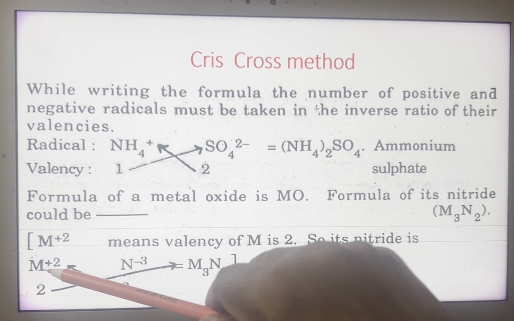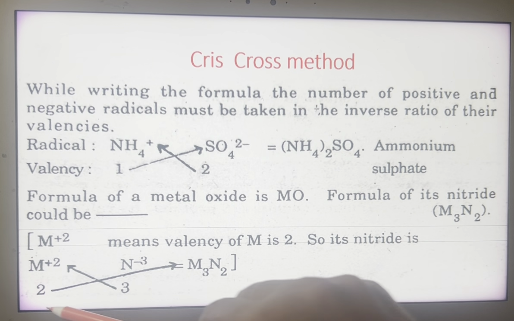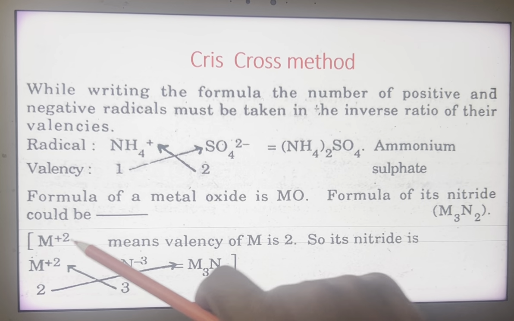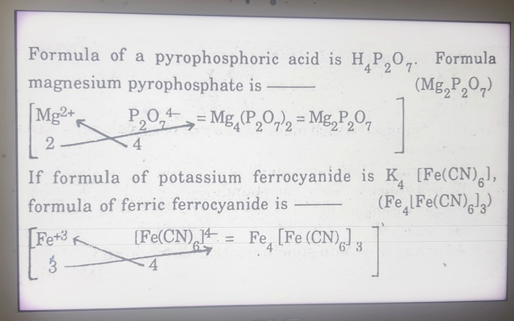So these are kept here: M3N2. M3N2 is the answer for the metal nitride of a particular compound having a metal ion of valency 2.